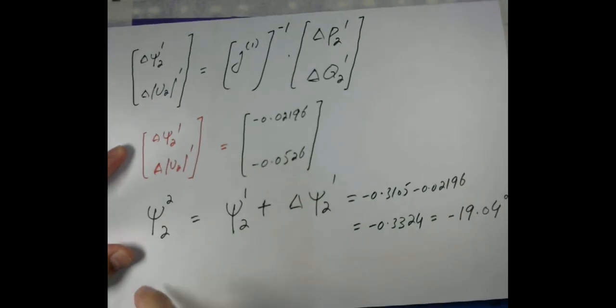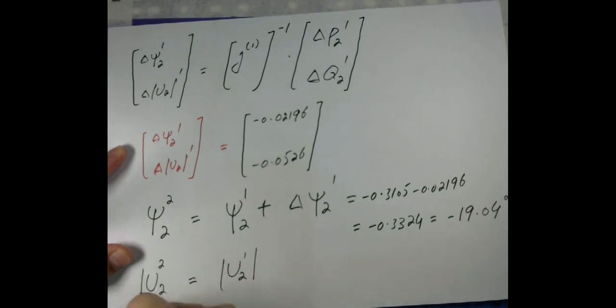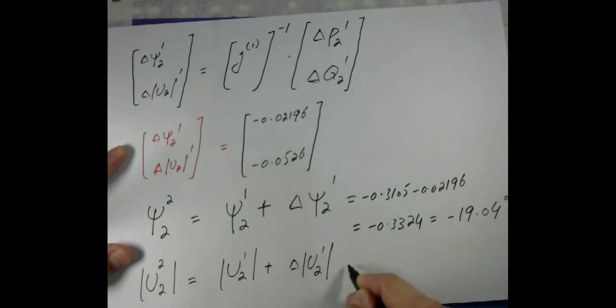Similarly, we will get the u2 for the second iteration, which will be equal to u2 1 magnitude plus delta u2 1 magnitude. So I will just write the values.